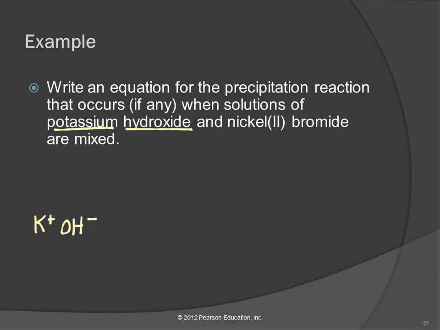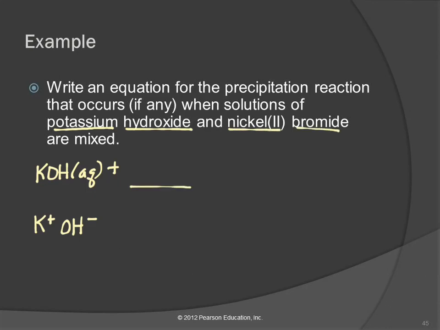So we look at those K+ and OH-, the charges are the same, so the formula for the compound is just KOH. We know that the state of this is aqueous because we're told that it's a solution of potassium hydroxide. So there's one reactant. The other reactant is nickel 2 bromide.